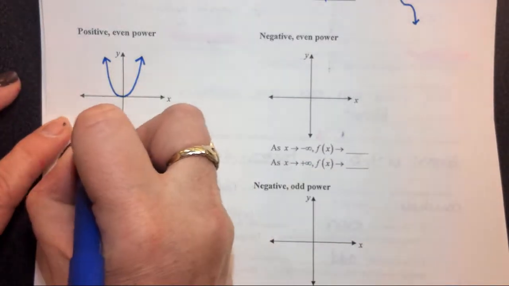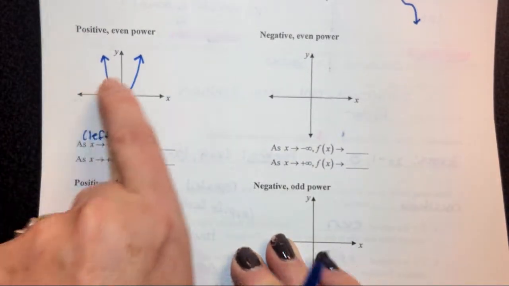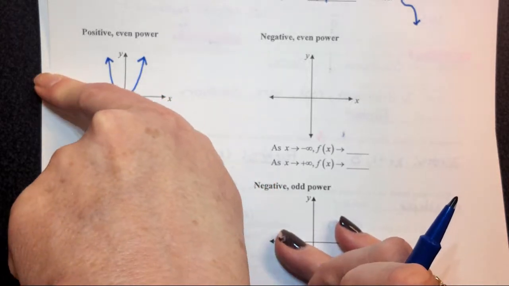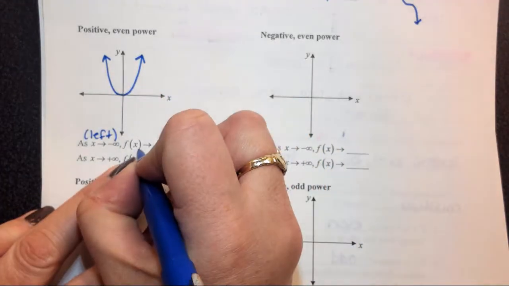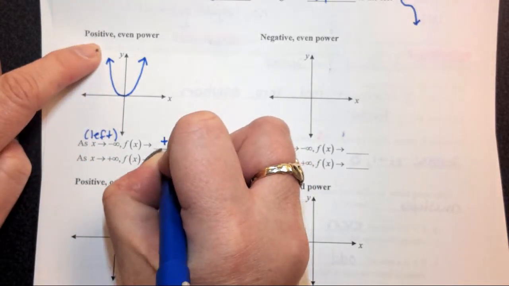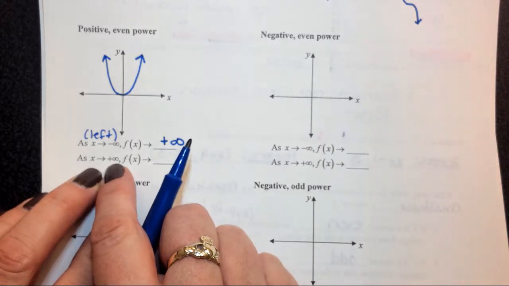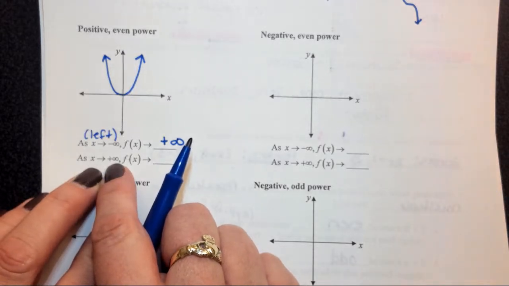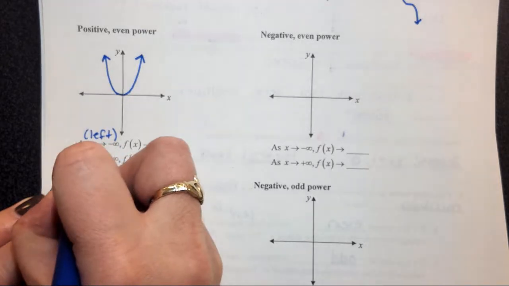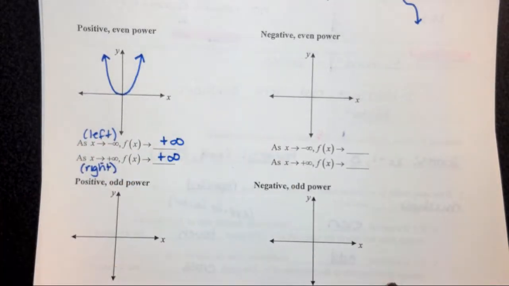Left. So as x approaches negative infinity, you're looking all the way over here on the left-hand side of the graph. Then we know f of x is referring to your y values. So notice this graph is going up, it's going towards positive infinity. Same thing when you look at x approaches positive infinity. Are we looking on the left or on the right? On the right. And again, it's also going towards positive infinity.